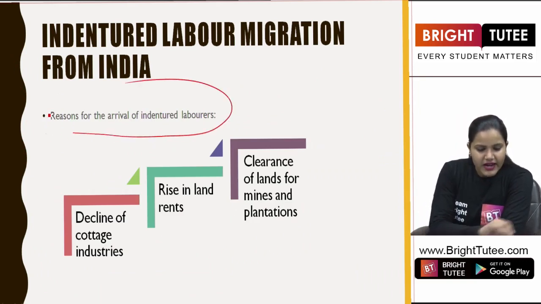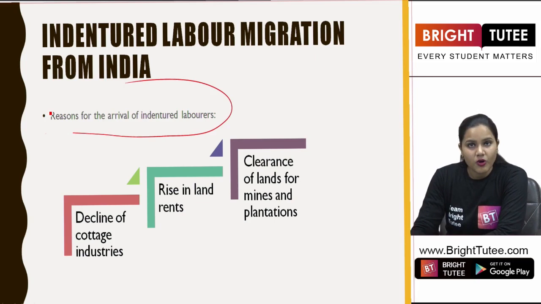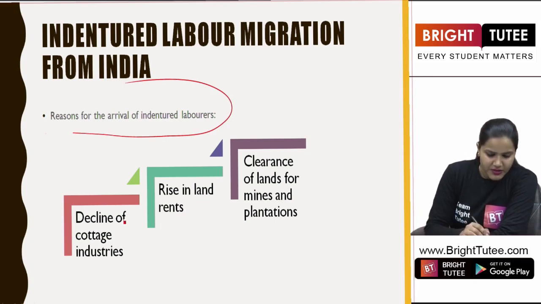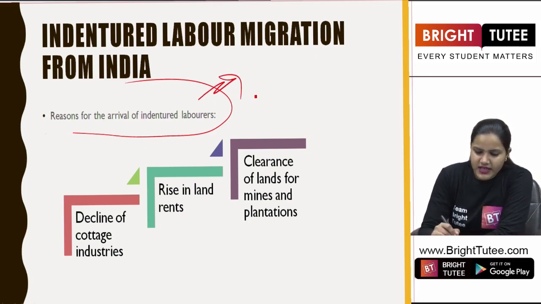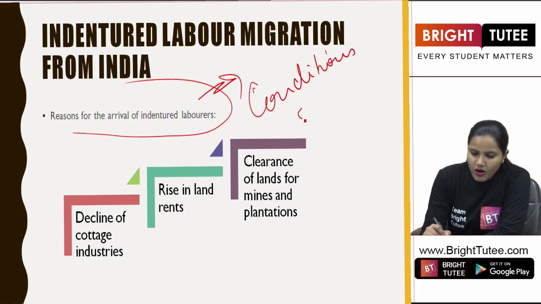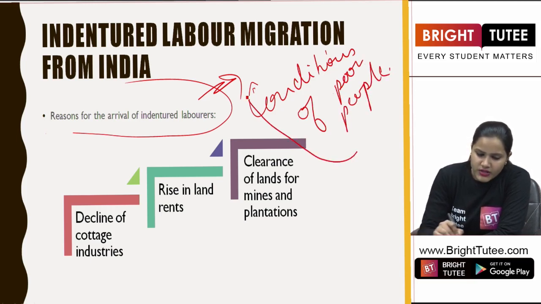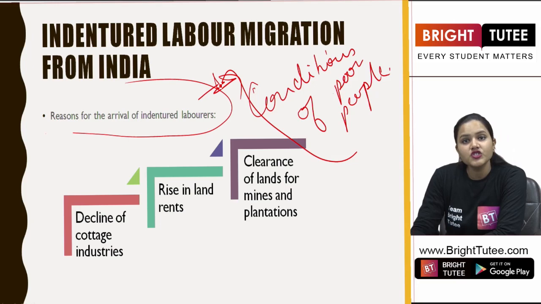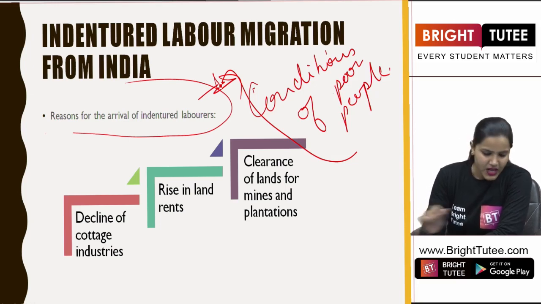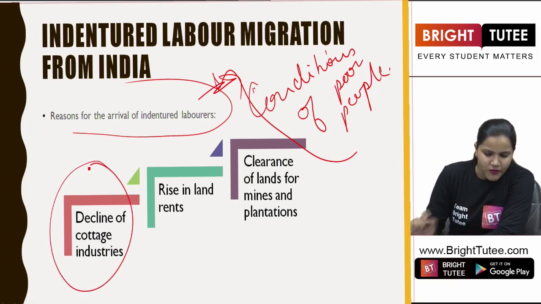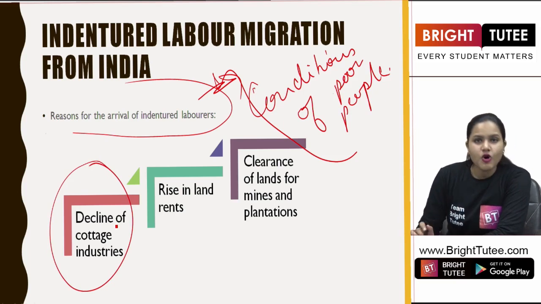Now, let us have a look at the reasons for the arrival of these indentured laborers. Here we will understand the conditions of the poor people who chose the option to become indentured laborers, right? The first reason for this was the decline of cottage industries.